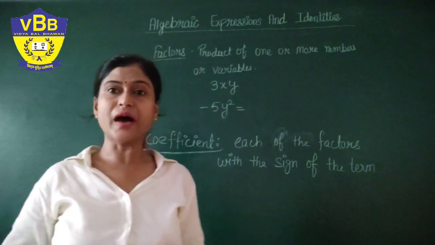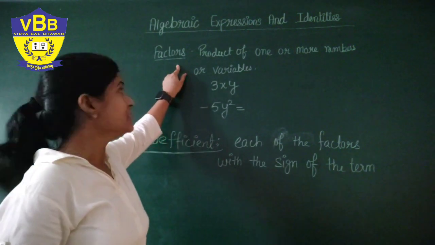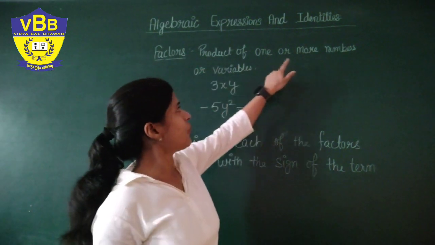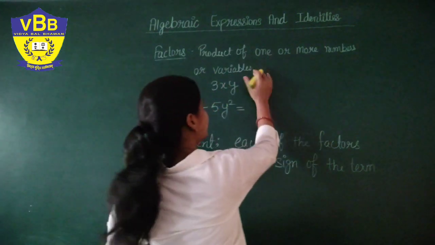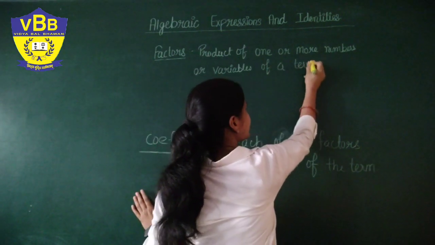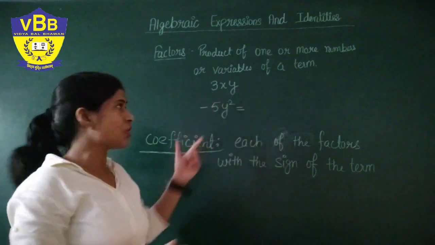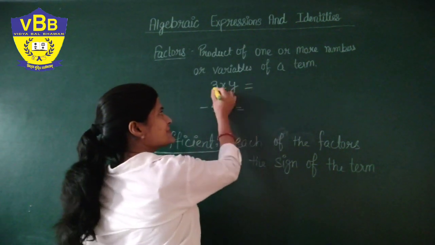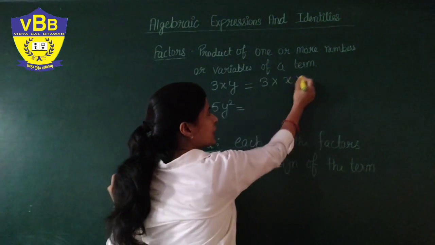Now, our next topic is factors. What are factors? Factors are the product of one or more numbers or variables of a term. I am taking one term, 3xy. What will be the factors? It is 3 into x into y.